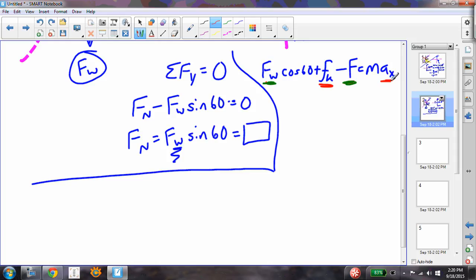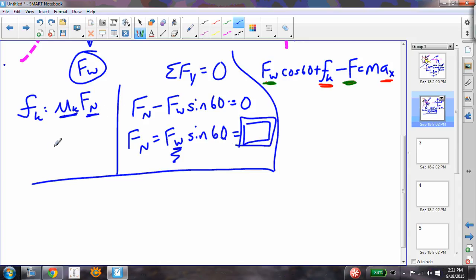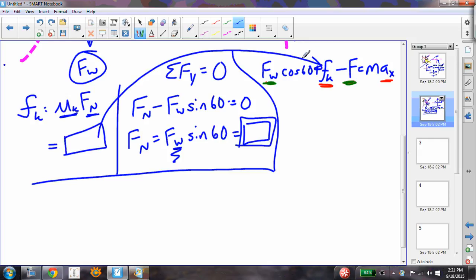But notice that I know the kinetic friction, because I know that the kinetic friction is equal to mu k times the normal force. I know this because I solved for it right over here. And so I can find out what my kinetic friction is, and then plug it in right here. Then I'm just left with the acceleration.